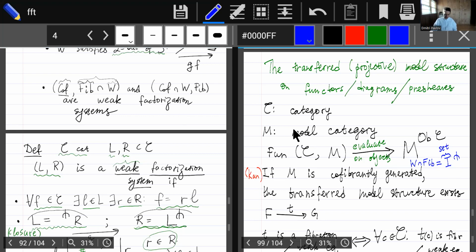Cofibrations in a typical model category would form a proper class. And if you can find inside this proper class an actual set such that maps with a right lifting property with respect to the set are again acyclic fibrations, then you say that elements of capital I are generating cofibrations.